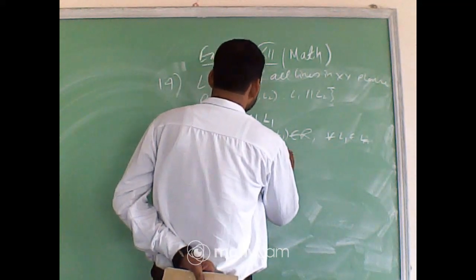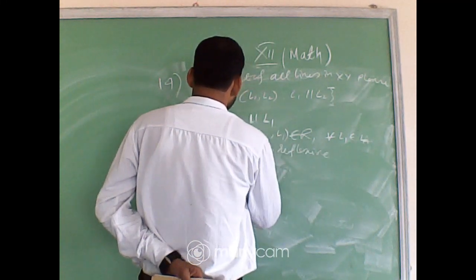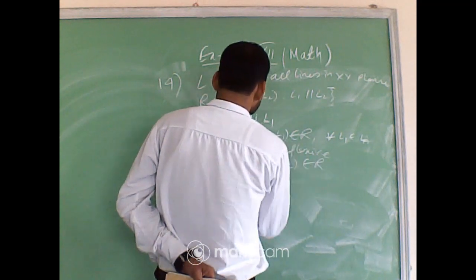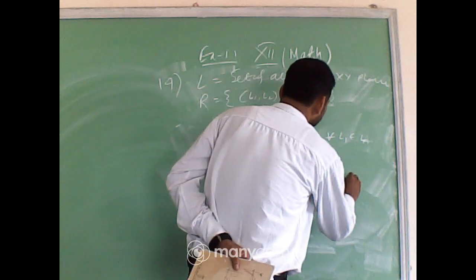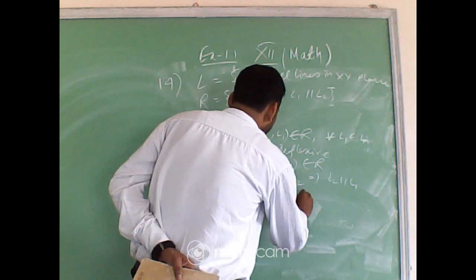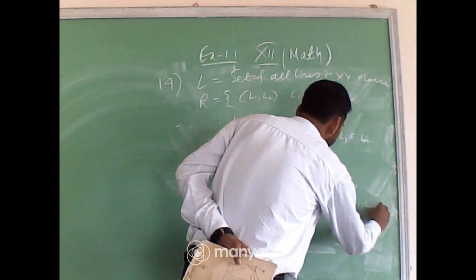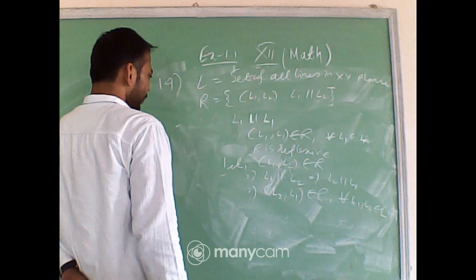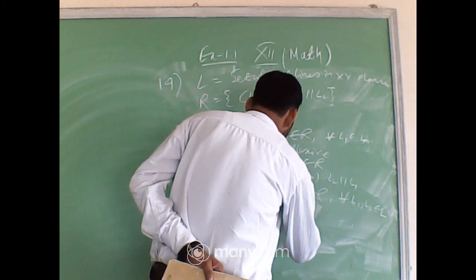Next, let the ordered pair (L1, L2) belong to R, which implies L1 is parallel to L2, which implies L2 is parallel to L1. So the ordered pair (L2, L1) belongs to R for all L1, L2 belongs to L. Therefore, R is symmetric.